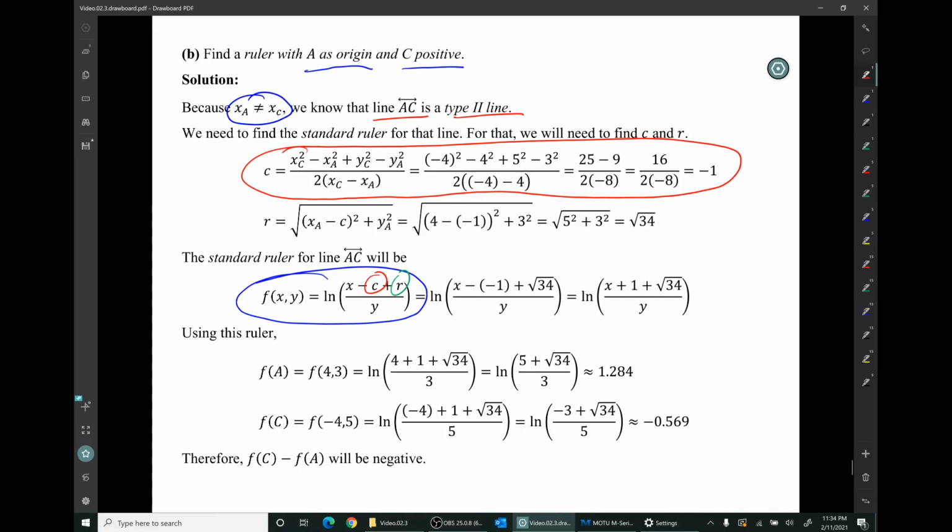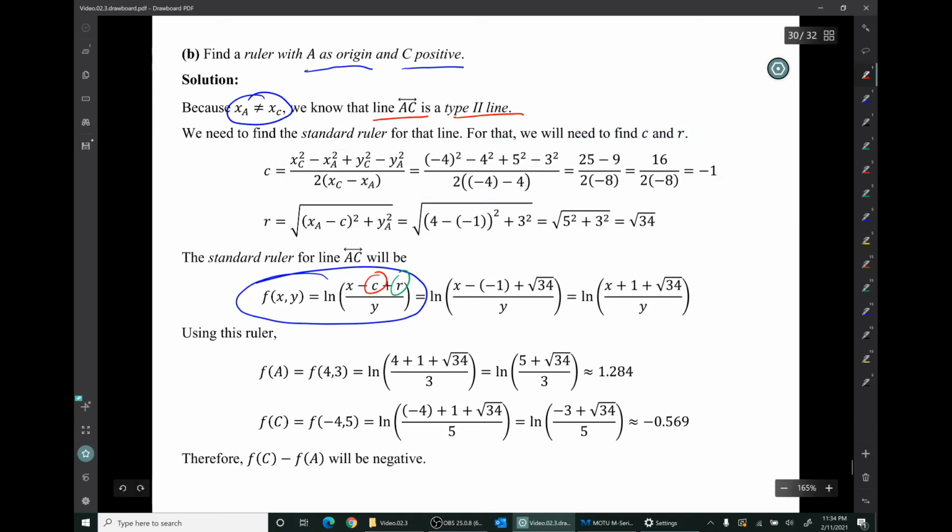We end up with the value C equals -1. So that's the x-coordinate of the center of that semicircular shaped type 2 line that points A and C lie on.